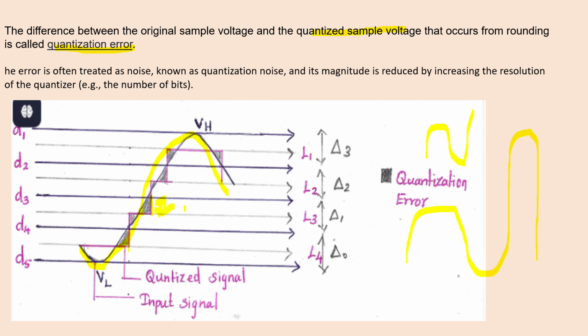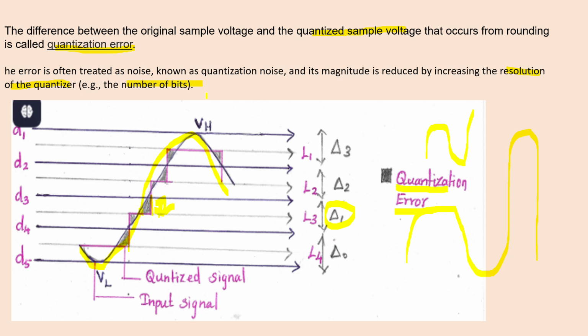So this is a delta. This delta is the quantization error. This error can be reduced with increasing resolution of the quantization, or number of bits.